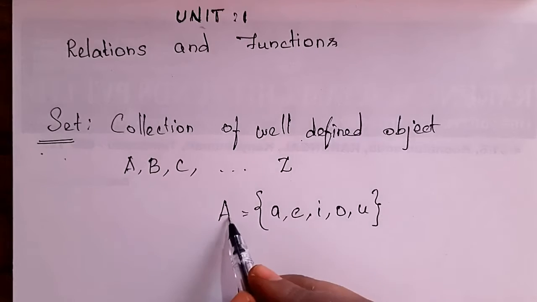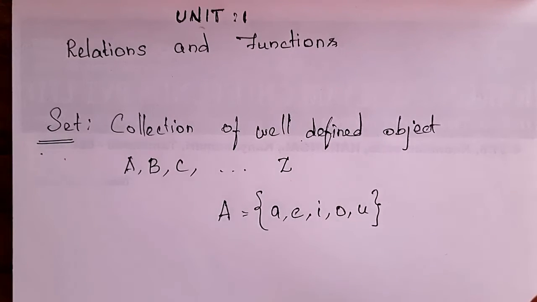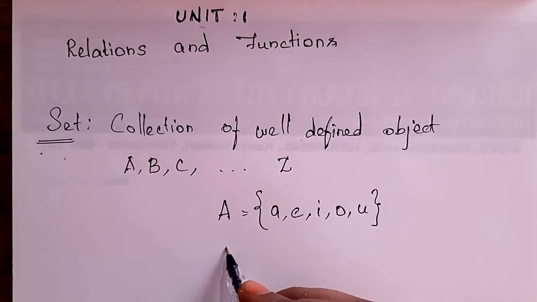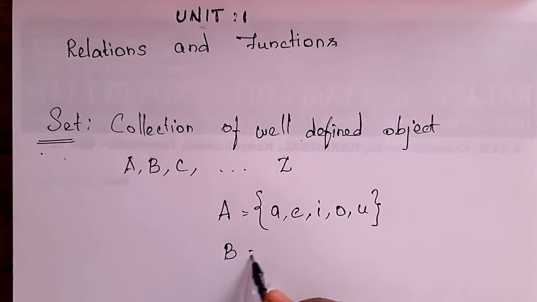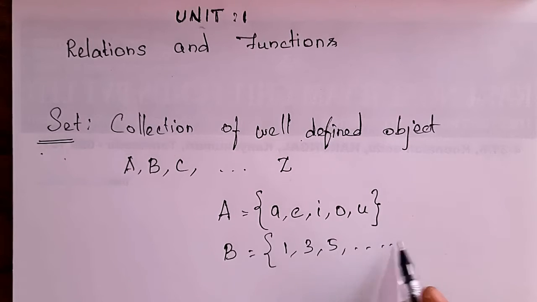Whenever you see a capital letter, remember that it's a set. Don't get confused. The small letters are the elements of the set. Another example is the set of all odd numbers, which I define as B equal to 1, 3, 5, etc.